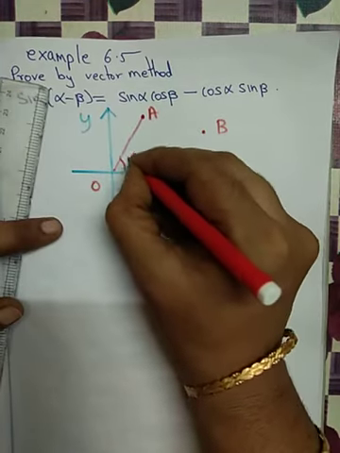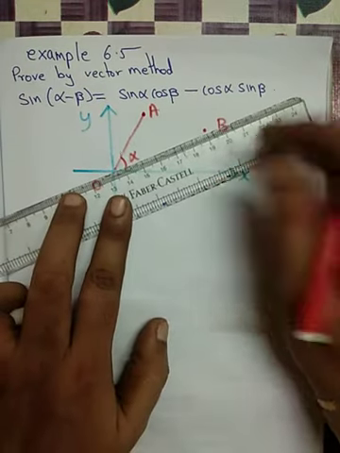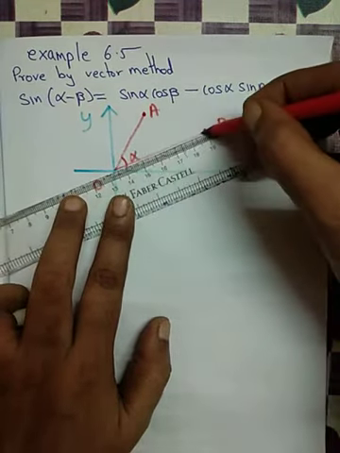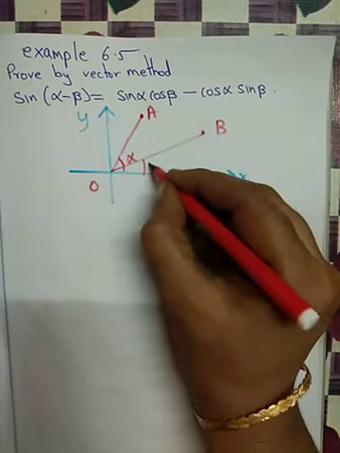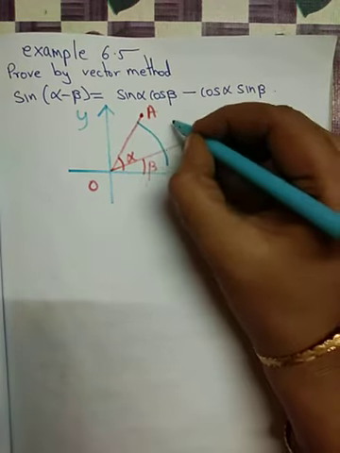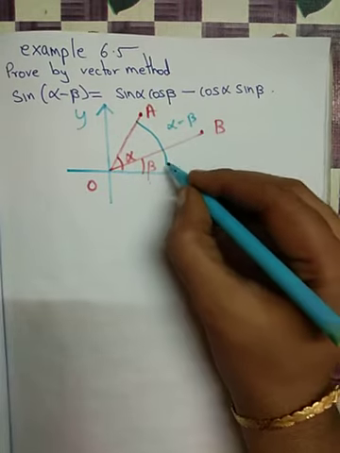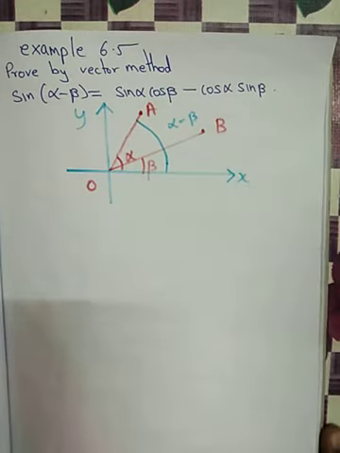It makes an angle alpha, and next is our OB. It makes an angle beta. So angle between A and B is alpha minus beta. This is alpha, this is beta. So the angle between A and B is alpha minus beta.